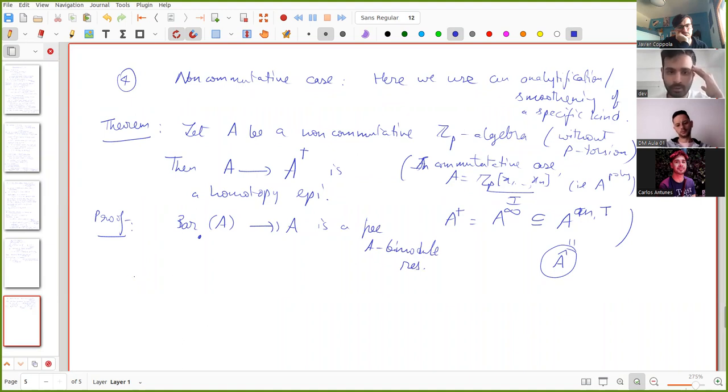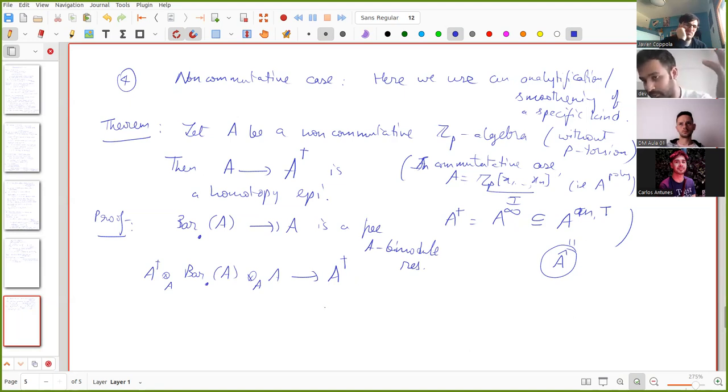Okay, now if we tensor on both sides with A dagger, then this is, by completely different reasons, a resolution of A dagger.